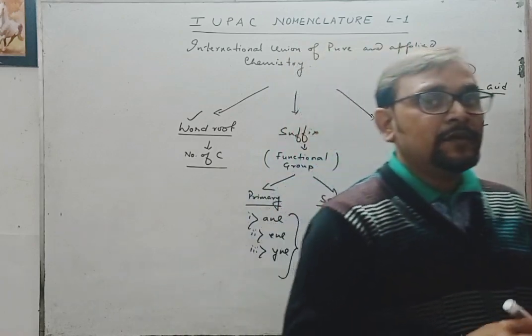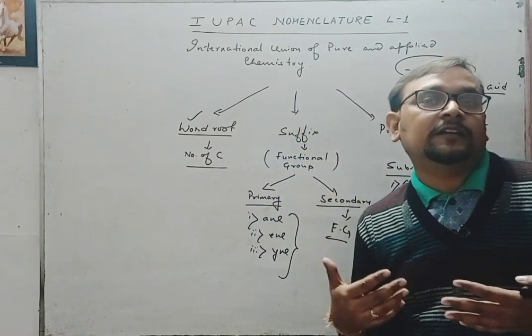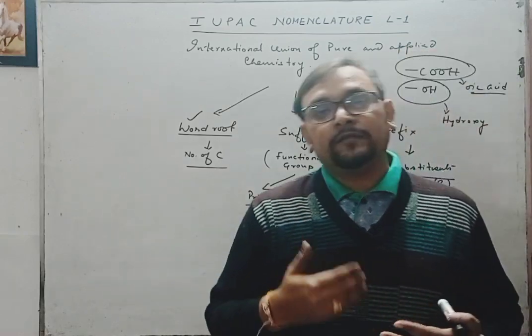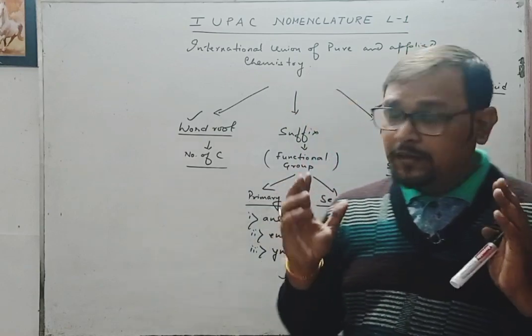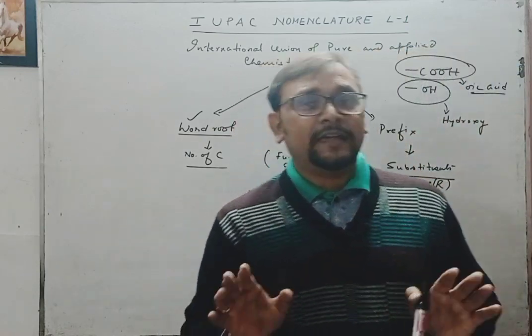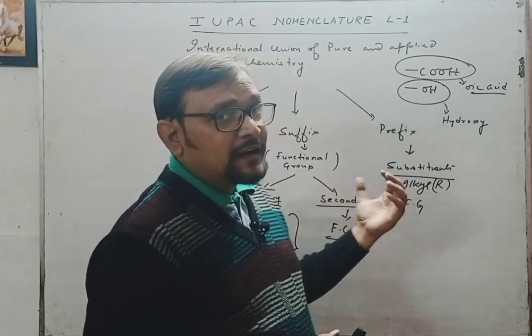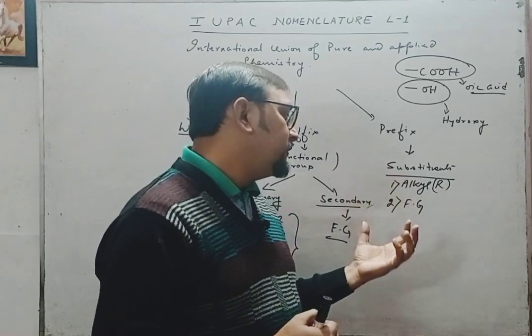So when two functional groups are there in a single compound, then we can go for using a prefix. Understood? These are the basic things. It will get crystal clear like water once we start discussing with examples. So these are the basic ideas which I have given.